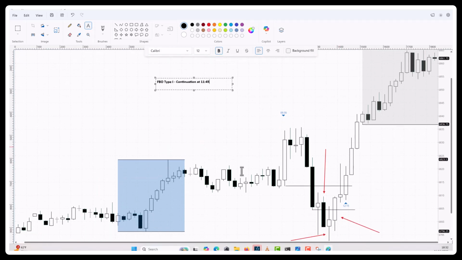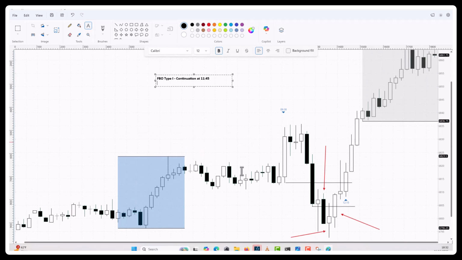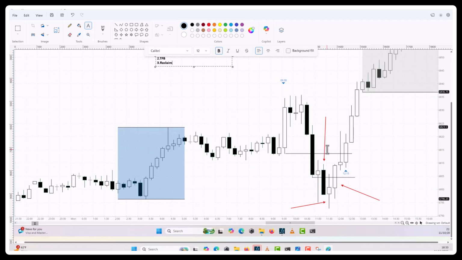Yeah, 11:45. So basically, you have 3 steps right there. The first is break it. Second, it tests from below, and then the next step is reclaim or reverse right there. That's the signature of the for breakout type 1. First is a break right here.